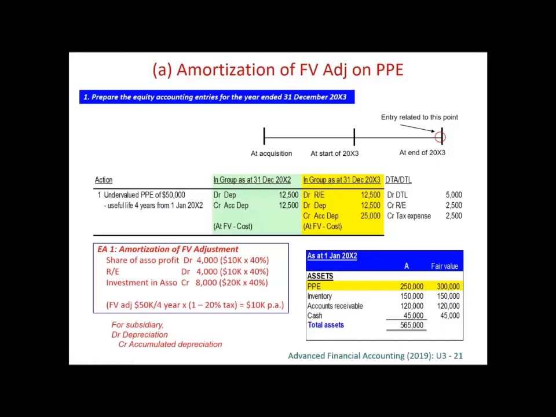We need to add 1 more year every year, and we record the equity accounting entry from the day of acquisition, because neither the investor nor the associate will record these adjustments. Every year, I collect a new financial statement from the parent and a new financial statement from the associate. Neither has recorded these adjustments, and therefore I, being the consolidation accountant, have to repeat all the consolidation adjustments, all the equity accounting entries that I made, because the parent will not record and the associate will not record.